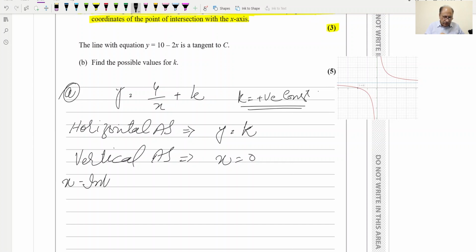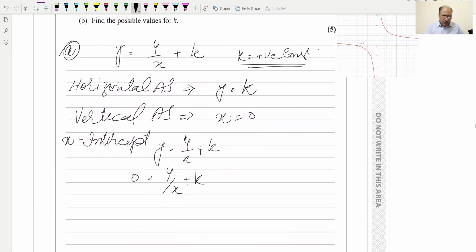Now we need to find the x-intercept also. For the x-intercept, we replace y with 0. So the equation is y is equal to 4 over x plus k, so 0 is equal to 4 over x plus k. We can make x the subject.